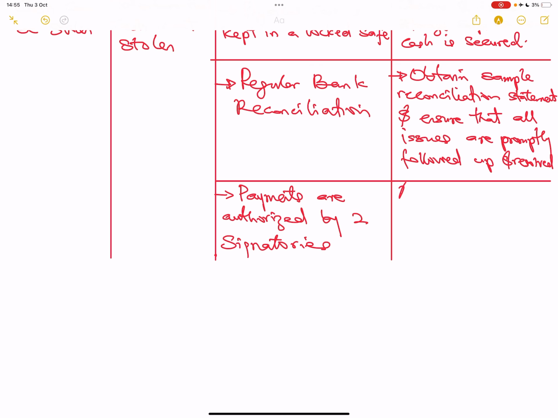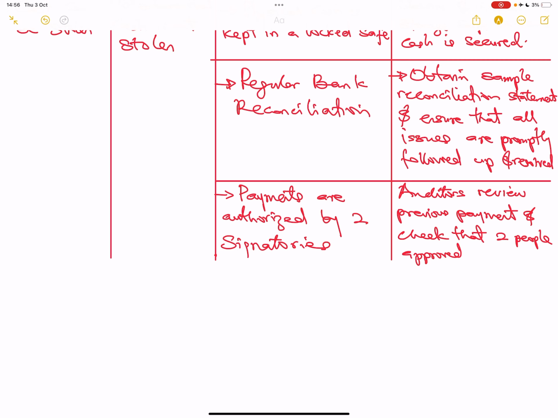Auditors need to review previous payments and check that two people approved the transaction. Then that is all good.